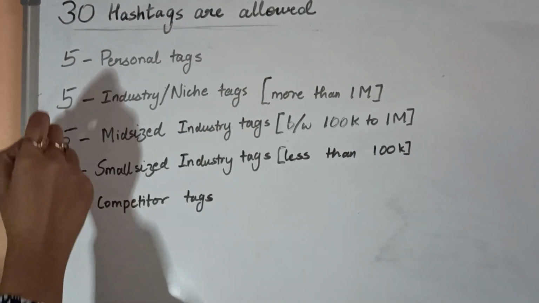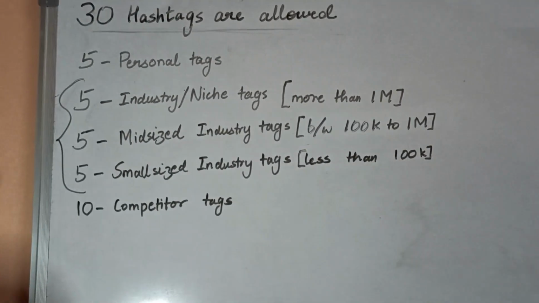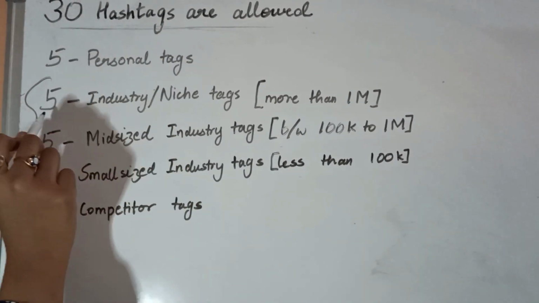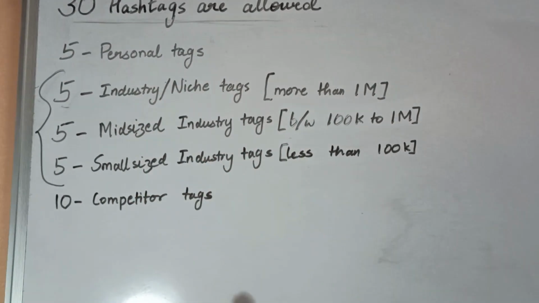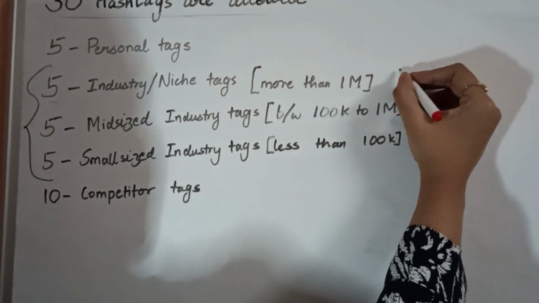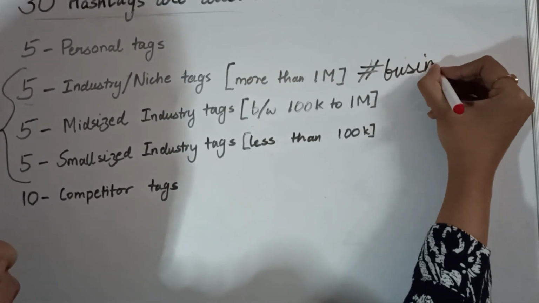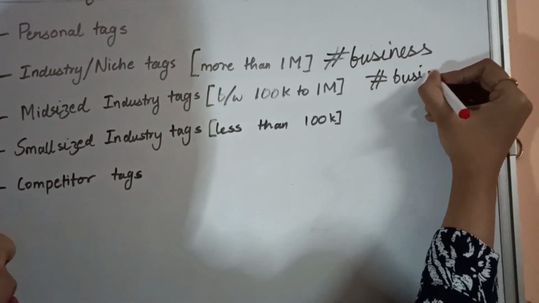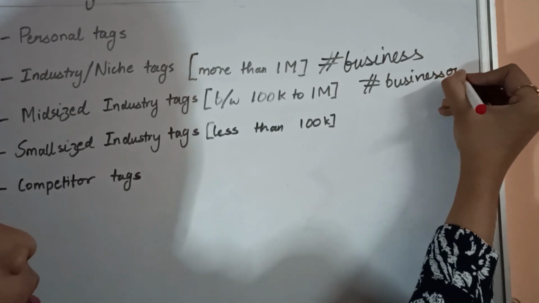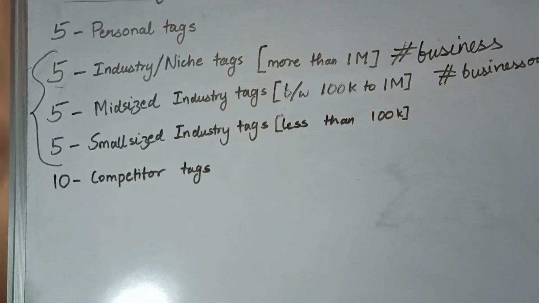Now next are these 3 types of hashtags which we have. First is 5 industry niche tags. In industry niche tags, suppose you are a business owner, then you can use hashtag business or hashtag business owner. And how do you do the research?